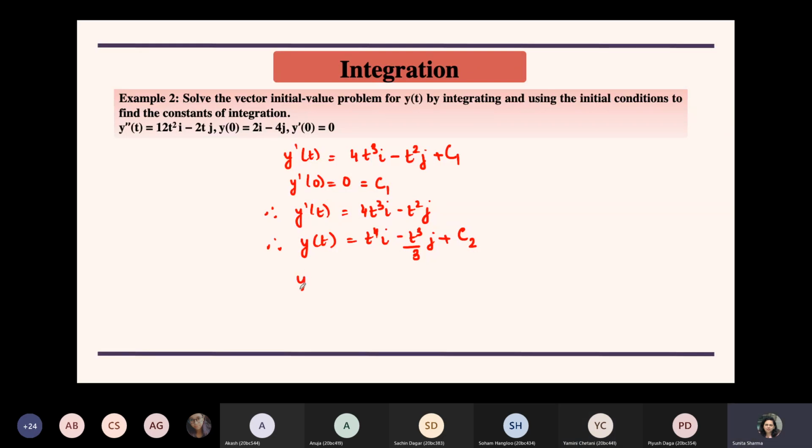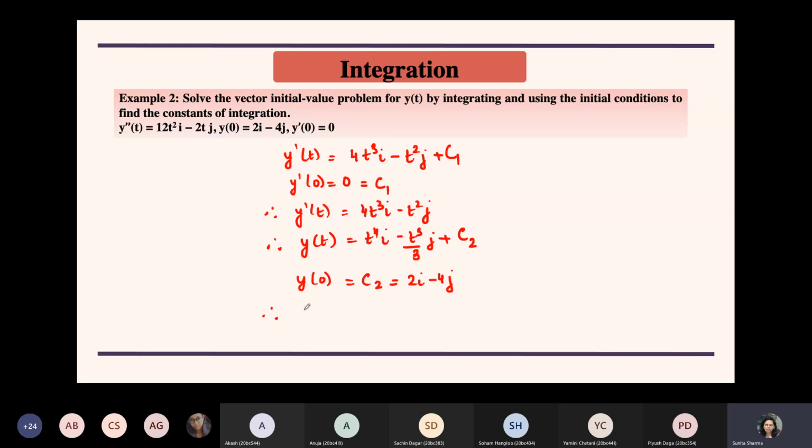So y0, when you put t equals to 0 here, we'll get c2 is equal to 2i minus 4j. So from here you get y0 as c2, and from the given condition y0 is 2i minus 4j, so we equate the two, so we get the value of c2.